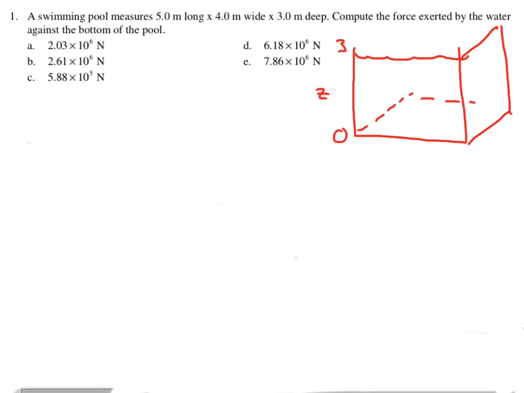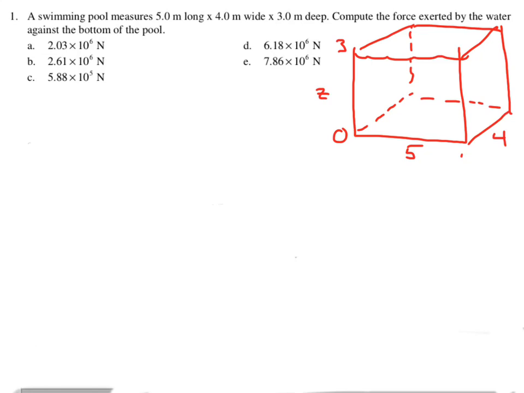Here is our pool, and just label some dimensions here. We're going to call this the Z direction, and it goes from 0 up to 3 because the water's 3 meters deep. And then we have a length of 5 and a width of 4 meters for our pool.